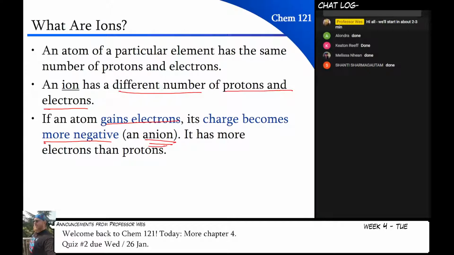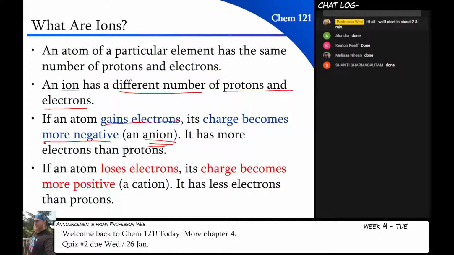If you are positively charged because you have fewer electrons than protons, then the term that's used is a cation. Now, the way that I remember these two things is that if I write cation, the positive charge is already in the word cation, right?